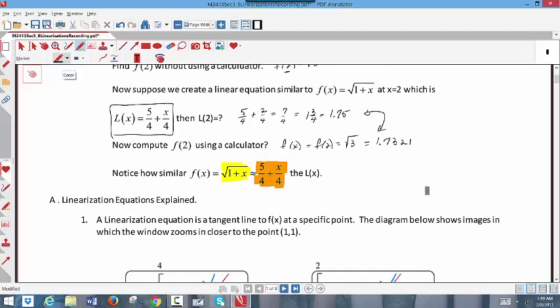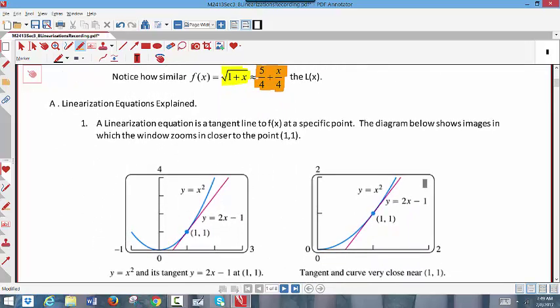So that's the goal. We're going to take a look at some images that show the point 1, 1 on this f of x graph, and the tangent line to it. The f of x is the blue line and the tangent line is the straight red line. In the second image on the right, they've zoomed in closer to compare, and the red tangent line is becoming more similar to the blue f of x.